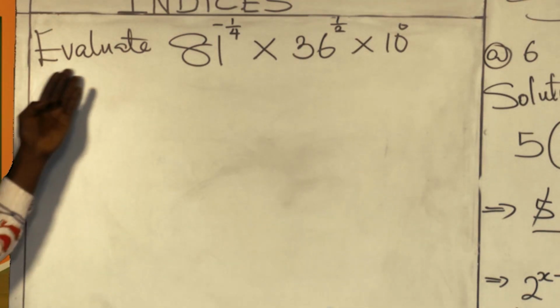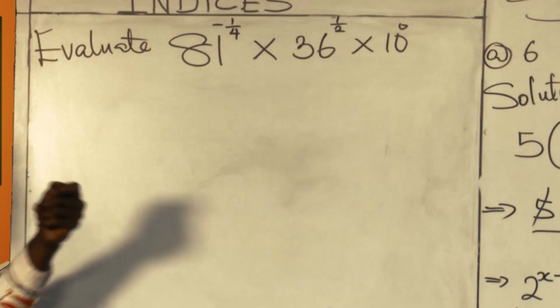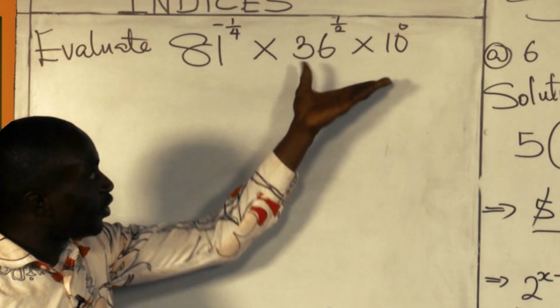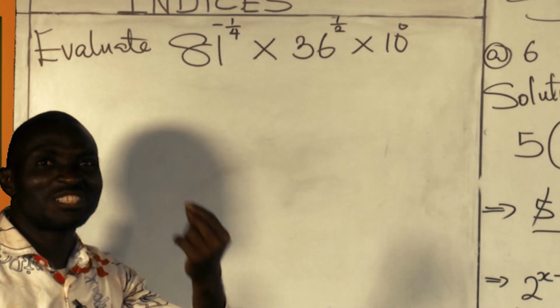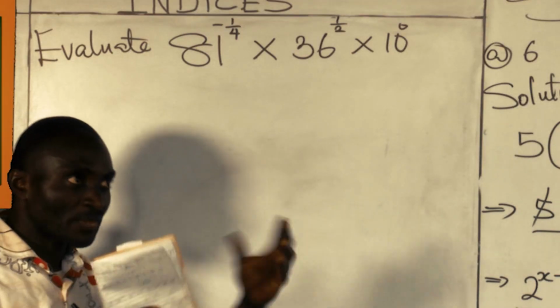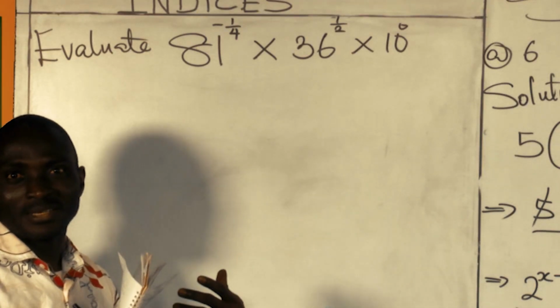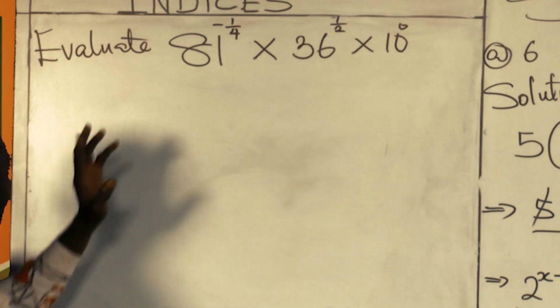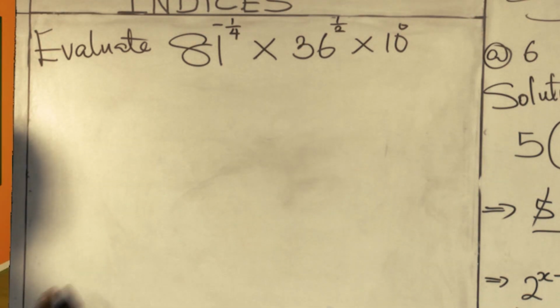Okay, evaluate, find a value. It means that when you simplify all this, you are going to get just a single value. It could be a whole number, it could be a fraction, it could be anything. You understand? That is the meaning of evaluation.